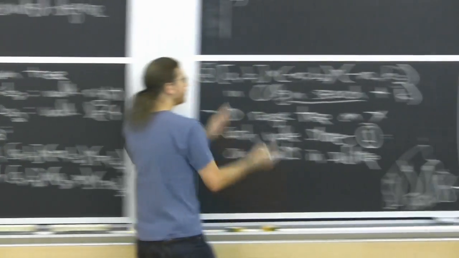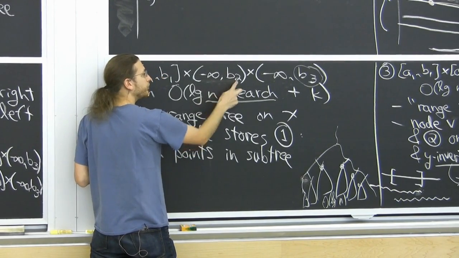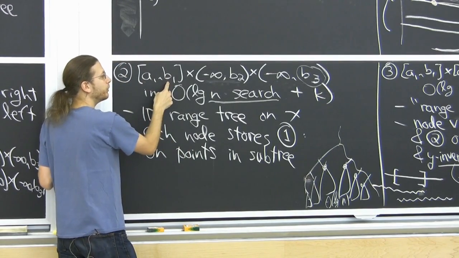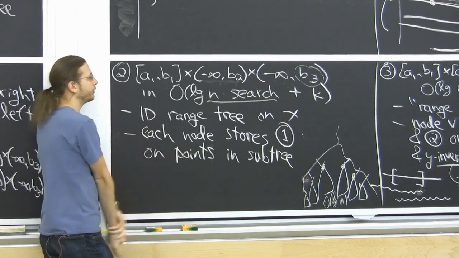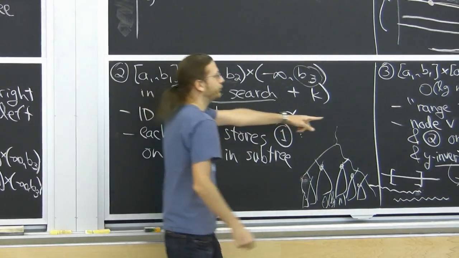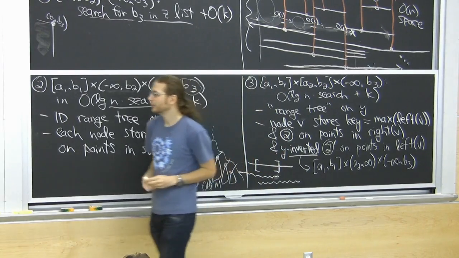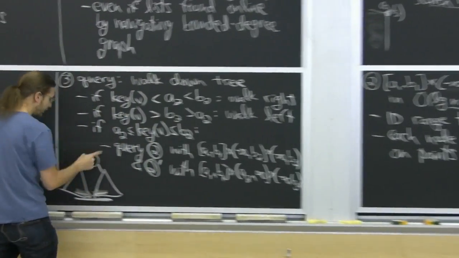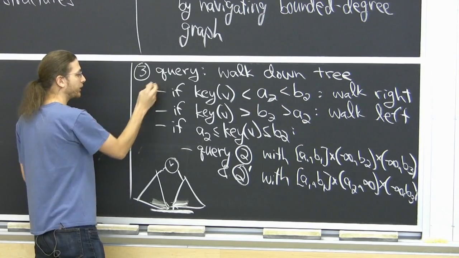Once you have the ability to do a 3D search, even if this one was minus infinity B1, if we just could do octant search in 3D, then we could just apply this transformation and turn each one of them into double-sided with a log n penalty each time in space, but no extra query time. We do a single log n traversal of this tree. So this part costs log n.